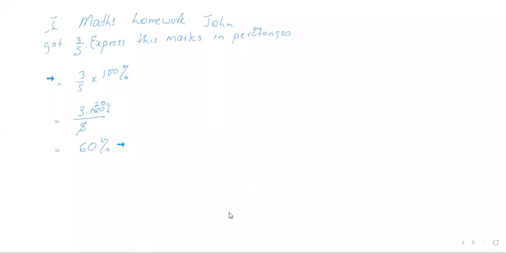Let's compare what John got to what Julius got. Julius got 1/5 multiplied by 100%, and that will be 100/5. 5 here once, 5 here 20. So Julius got only 20%.